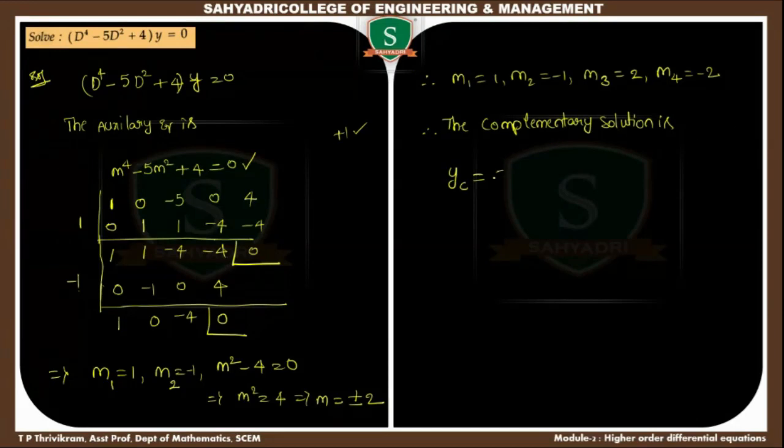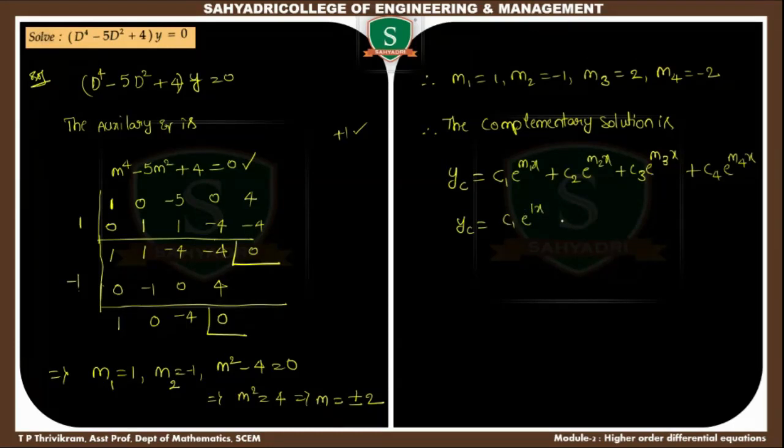So I can write C1 e power m1x plus C2 e power m2x plus C3 e power m3x plus C4 e power m4x. So yc is equal to C1 e power x plus C2 e power minus x plus C3 e power 2x plus C4 e power minus 2x. In this way you need to write the solution.